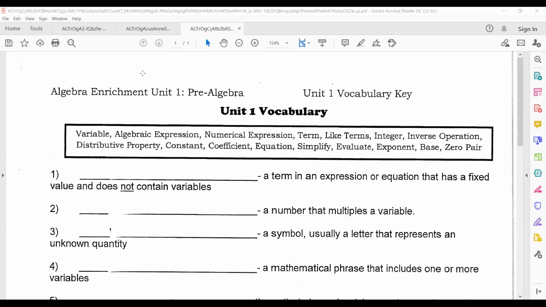If you think about math and algebra like an English language sentence, a whole sentence has a beginning and a middle and an end. That's what an equation would be like. An expression does not have an equal sign. 6x plus 3 is an expression.